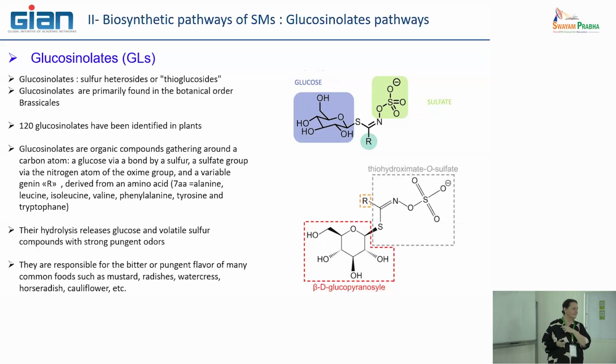This is why, when they are hydrolyzed, they give a not good smell, like different organic matter. So it is important to know that they play a very important role by accumulating glucose and offering the possibility to release it in the cell.